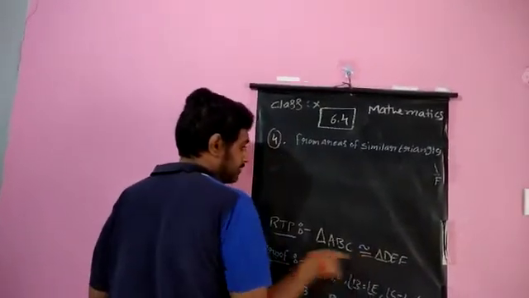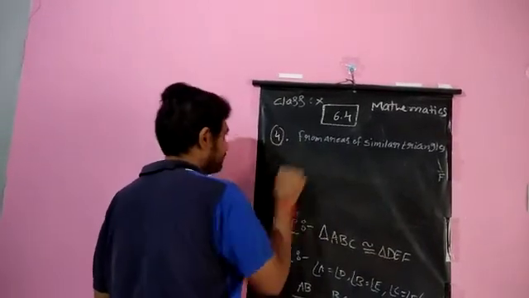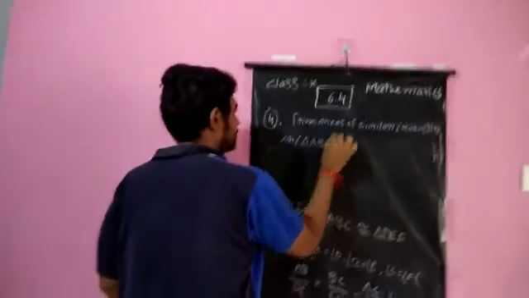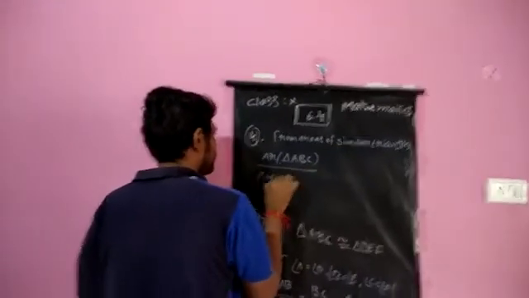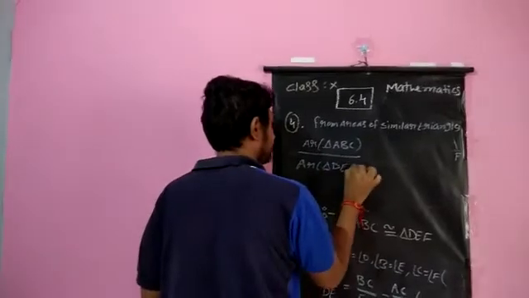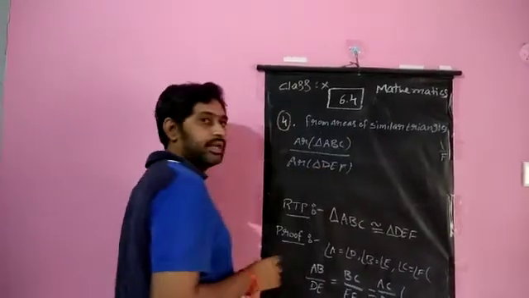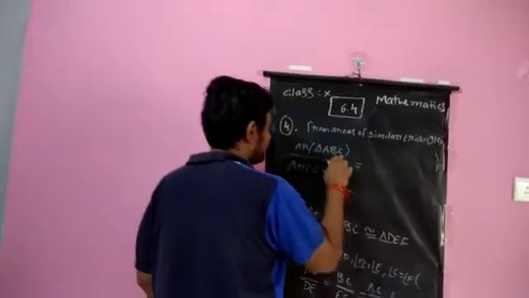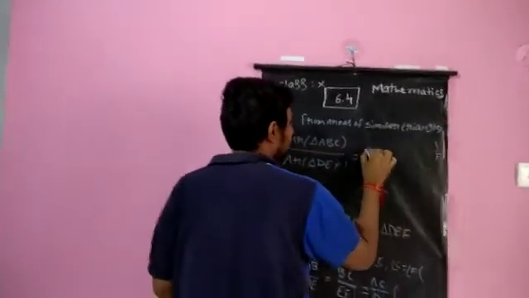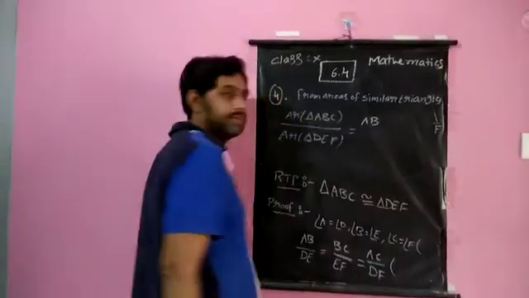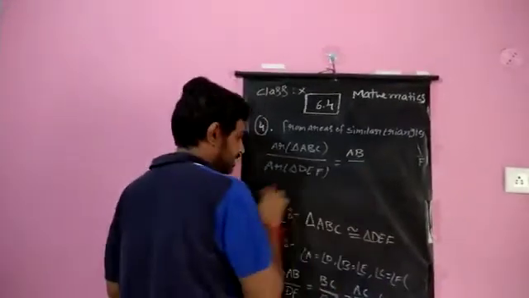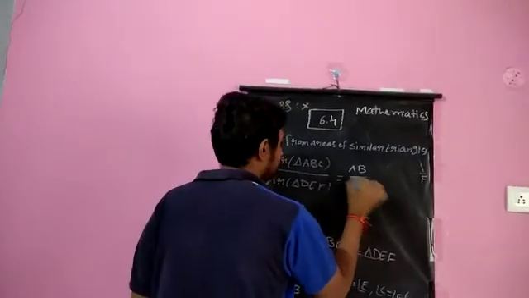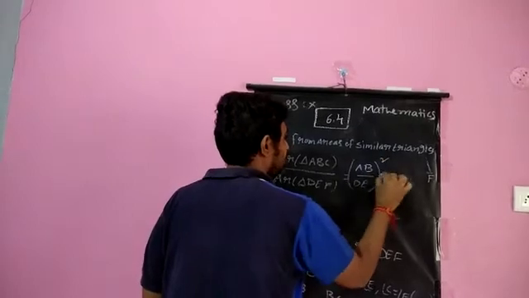Based on that, if I write that for triangle ABC and triangle DEF: area of triangle ABC by area of triangle DEF, the ratio of the areas of similar triangles, is equal to the square of the ratio of their corresponding sides.